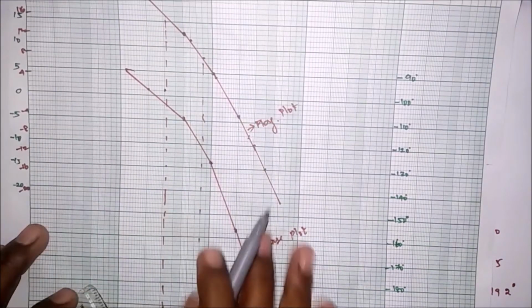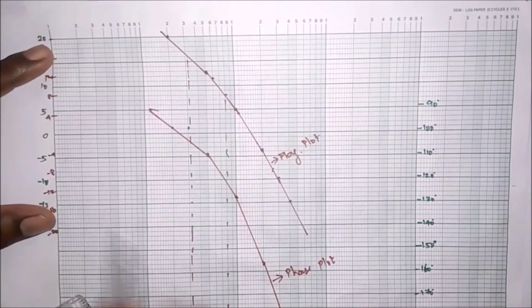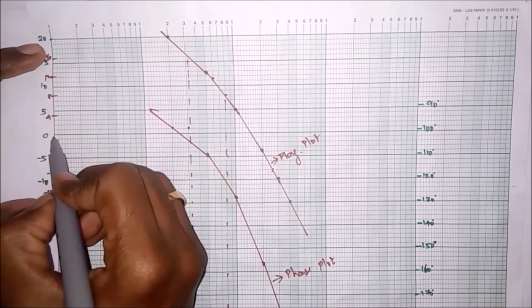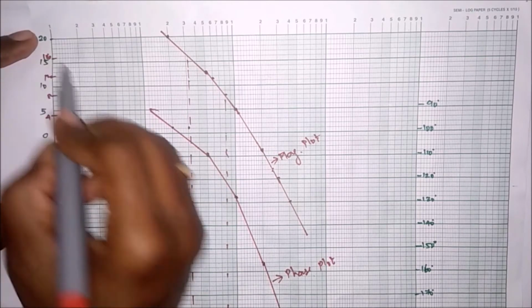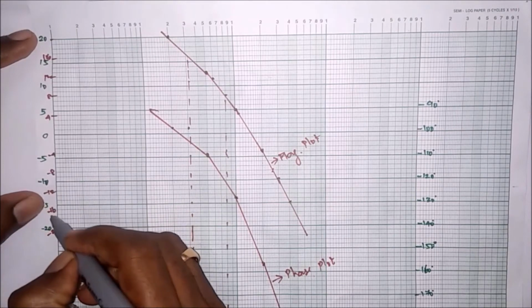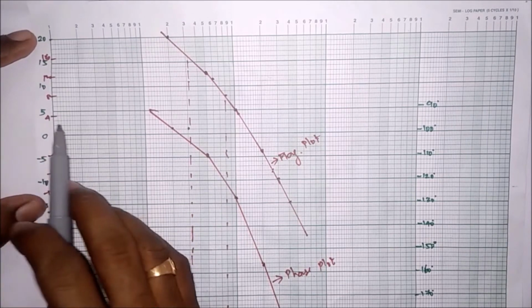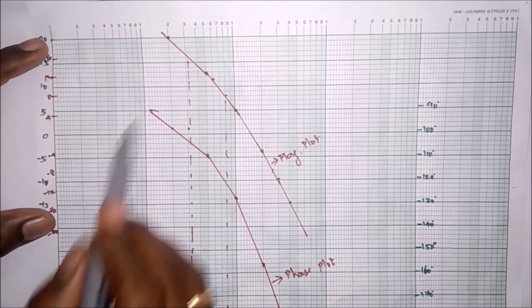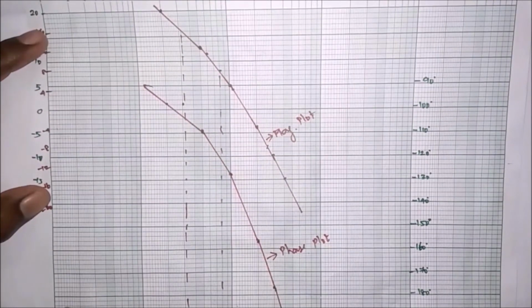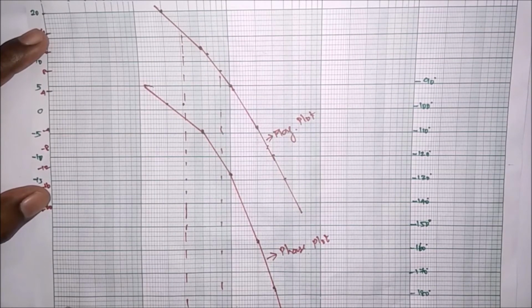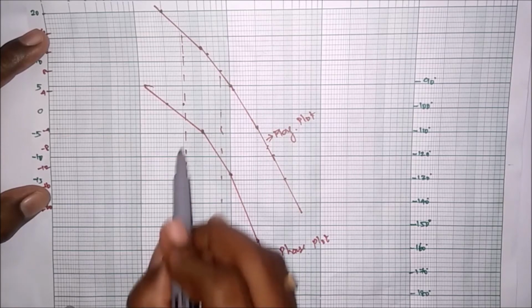Similarly for minus 12, we have to take the magnitude in gaps of 4: 0, 4, 8, 12, 16, 20, and on the negative side also minus 4, minus 8, minus 12, minus 16, minus 20. For these various magnitude values, we find the corresponding omega value from this plot, and for each omega we find the phase angle, so we have to tabulate it.